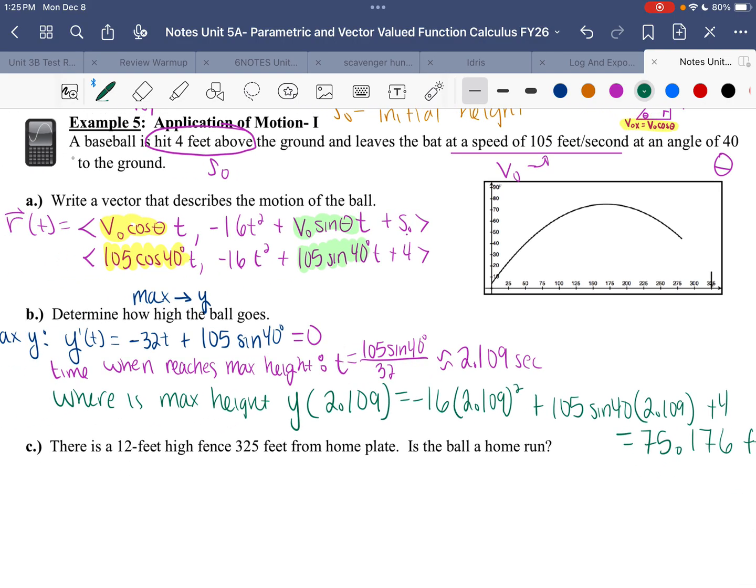Okay, there is a 12-foot high fence 325 feet from home plate. Is the ball a home run when they hit it that far? Oh, this ball in general, is it a home run?